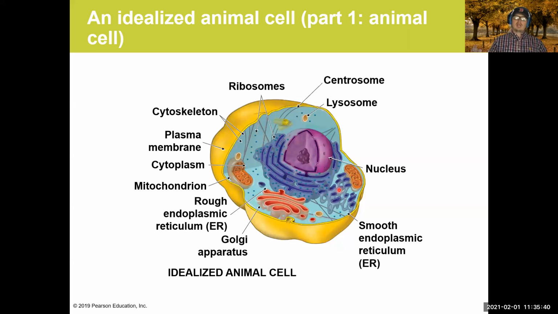We'll talk about that in more detail, but basically the ER can have ribosomes attached to it, and then another portion of the ER will not have ribosomes attached. The one with ribosomes is called the rough ER, and the one without is called the smooth ER.